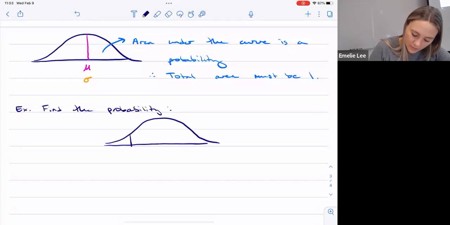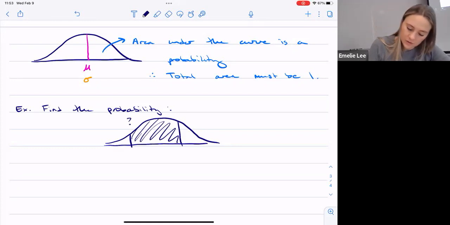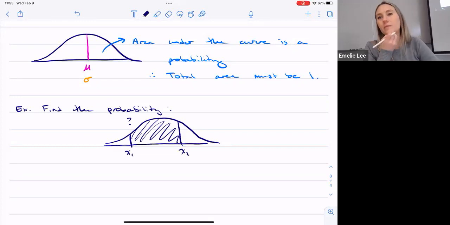But for example, of being between here and here, like this. So I've got x1 and x2. Just using x's, you can use a and b or whatever, right? But I'll use x1 and x2.